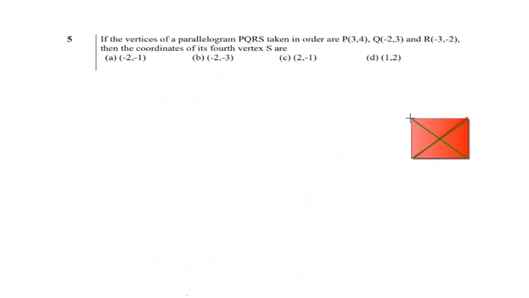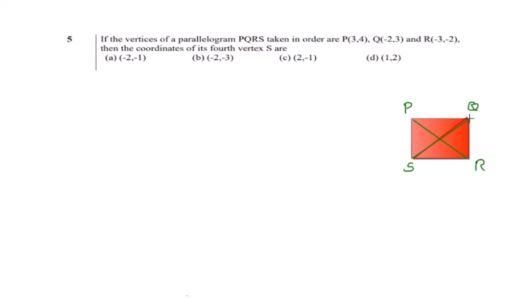Option D. Now the fifth question is, if the vertices of a parallelogram PQRS taken in order are P (3, 4). PQRS taken in order means either in clockwise or in anti-clockwise.